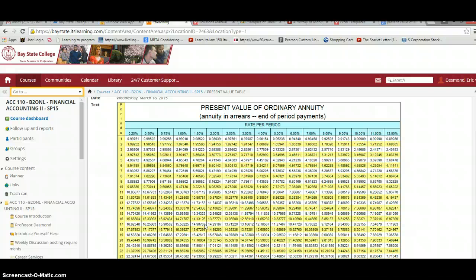Now 14-16 is going to be just as easy. All you have to do is you're going to be using some financial ratios.